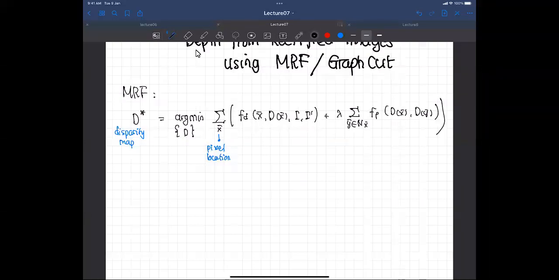So now, what is the meaning of this? We know that this one is a pixel location. T(x) is the depth, or disparity, at that location. I is the input image on the left, for example, and I prime is the input image on the right.